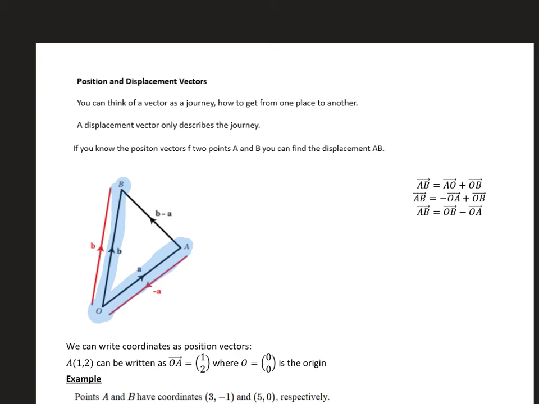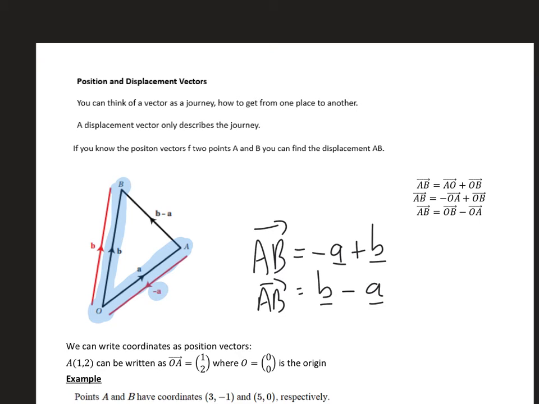So it's negative A. And then I'm going along B, so positive B. So to get from A to B, it's negative A plus B, or as it looks better to write, B minus A. So it's the second one minus the first one.